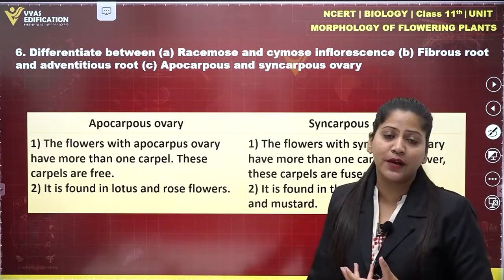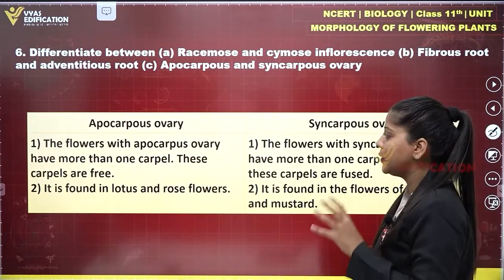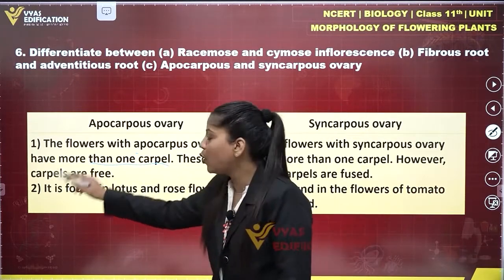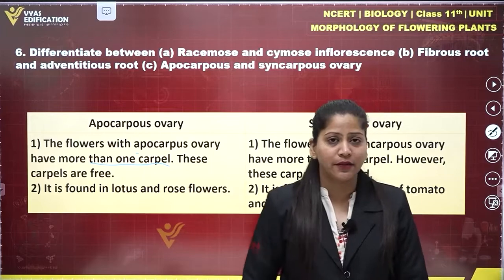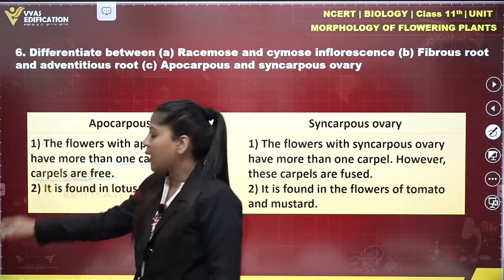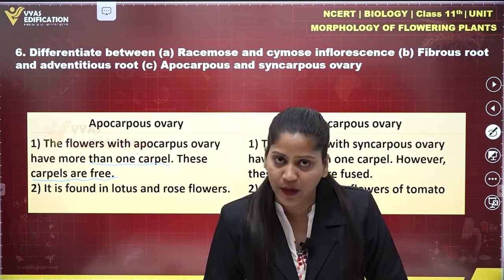The last one is the difference between apocarpous and syncarpous ovary. In apocarpous, more than one carpel is present in a flower, and all these carpels are free, not fused with each other, but present separately.